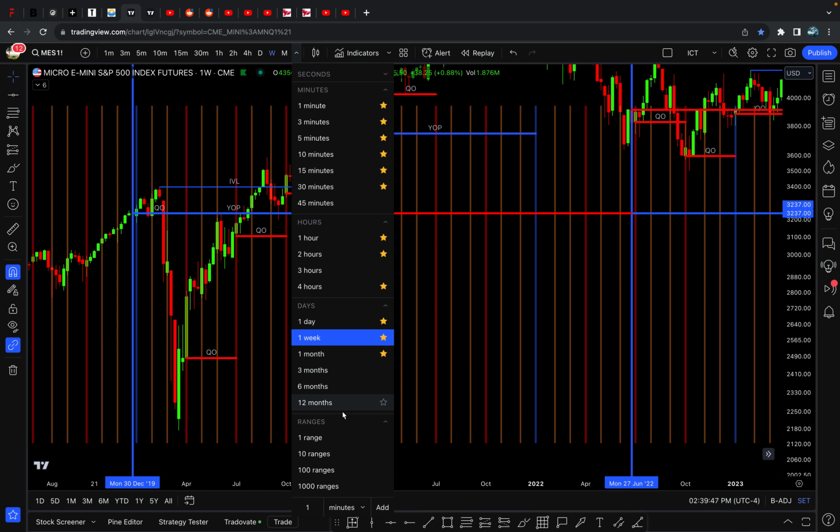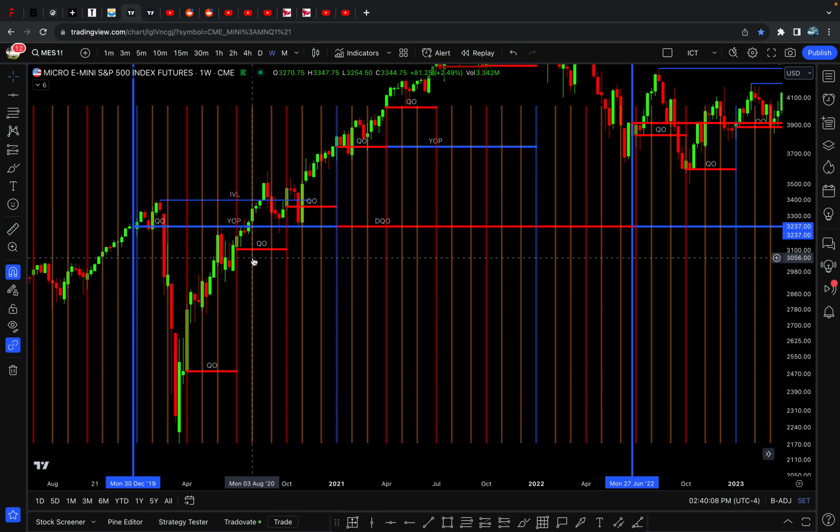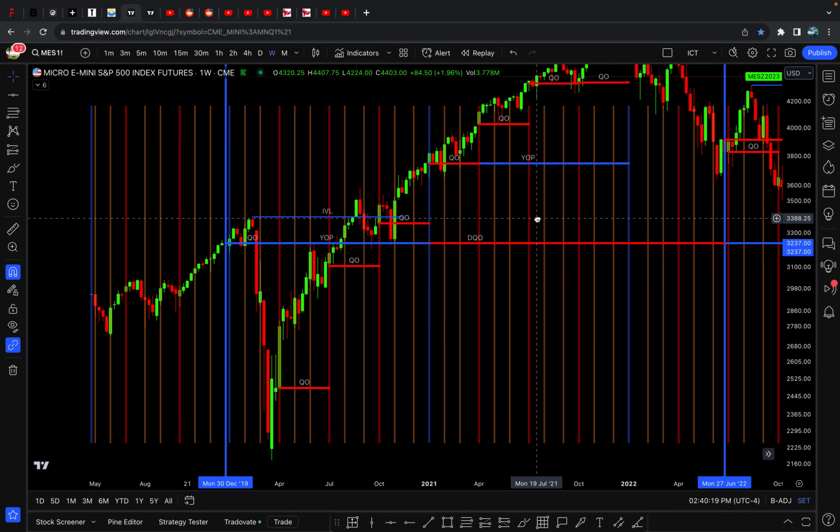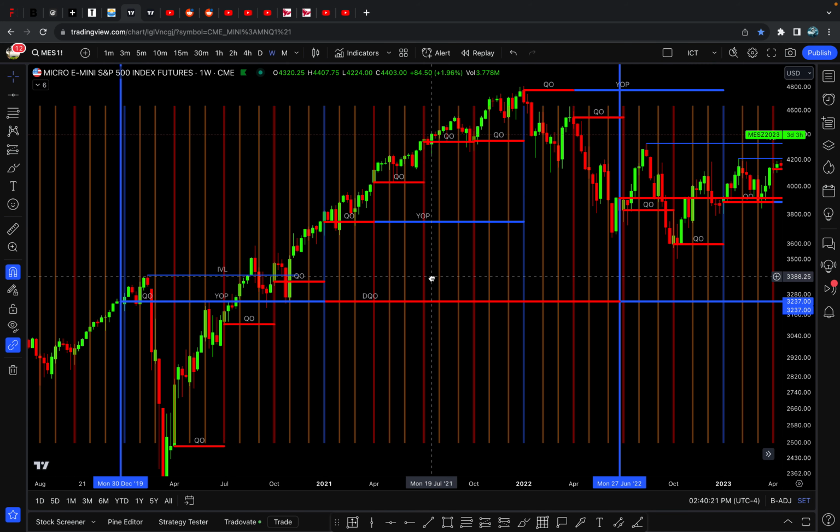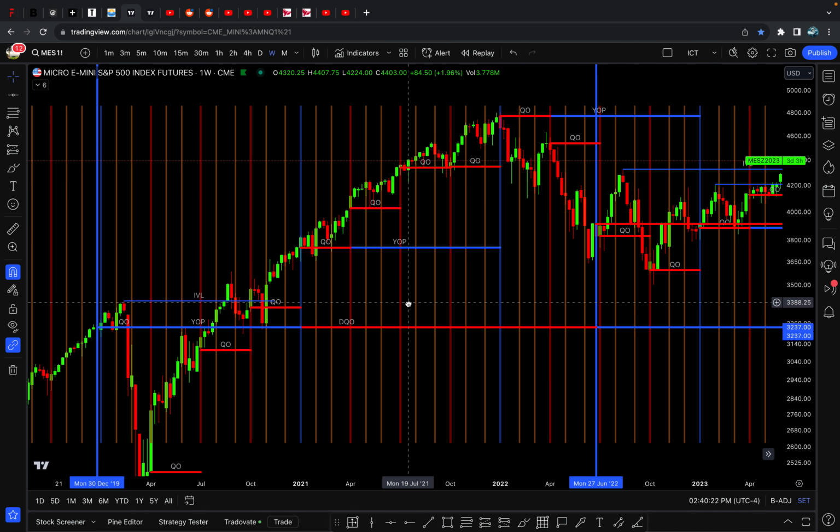This formation from here to here is basically a pin bar. Let's see if I can find the actual thing on the chart. That's a very strong close on the year. I don't even see a candle that's that strong. The closest thing I can find would be like this.